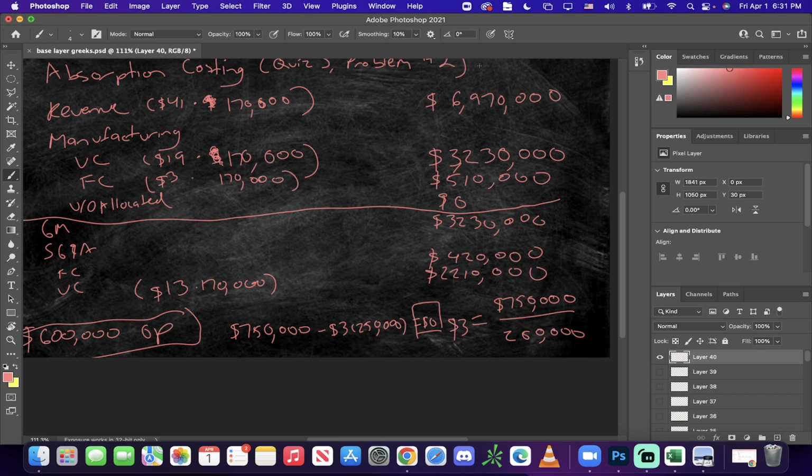Yeah, that's correct, the actual is 750,000. You take the actual fixed manufacturing cost minus the number that we just found, wouldn't it be 0? Well, I thought the number we just found was 510,000. Yeah, but we use 3 times units produced.